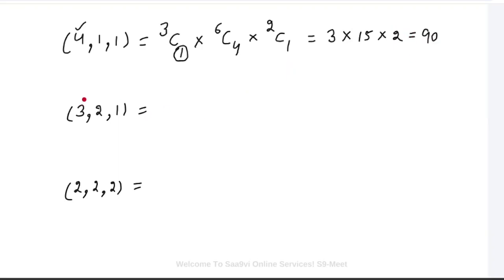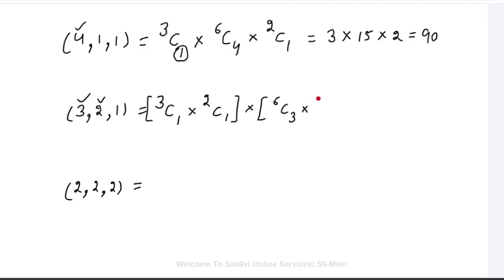When I talk about 3, 2, 1, that means one of the elements 1, 8, and 27 has to come thrice. So we have 3 options. We'll take 1 out of 3, and for the element which is going to come twice, again I have an option, so I'll take 2C1. This is for the elements of B. Now from A, out of 6, first of all I'll take 3.